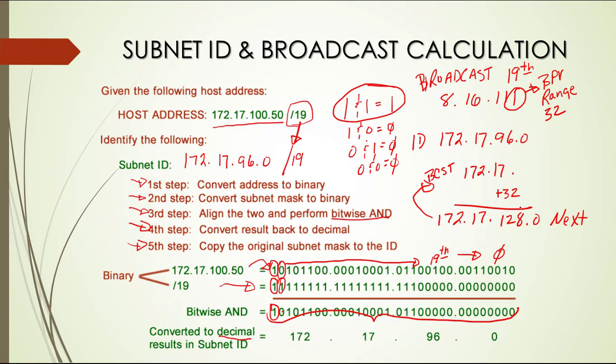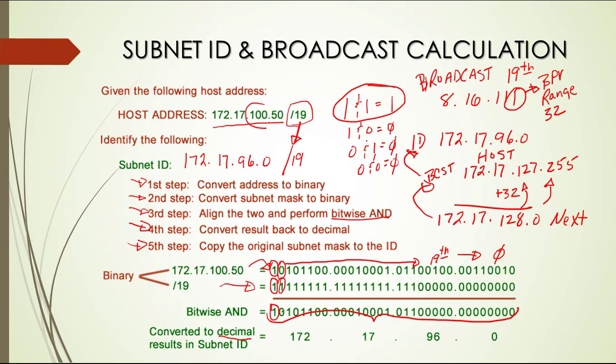If we take 1 away from the 128, that's 127, and then 1 away from all the octets beyond that, so 1 away from 0 would be back to 255. That's the broadcast of this ID, and everything else in between are host addresses, right?